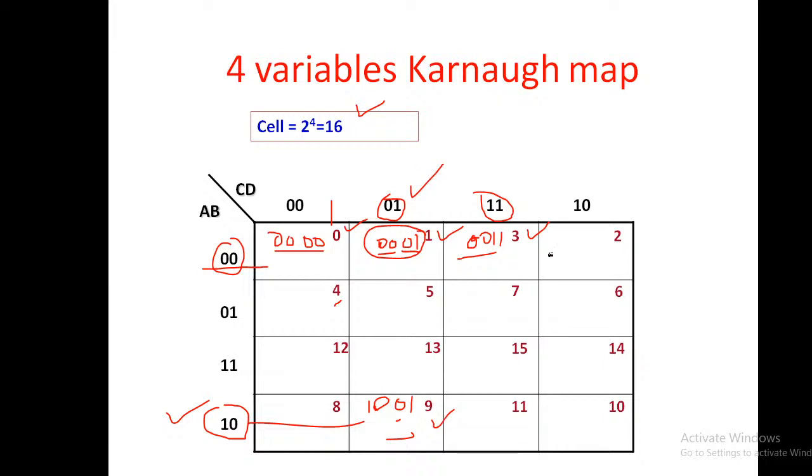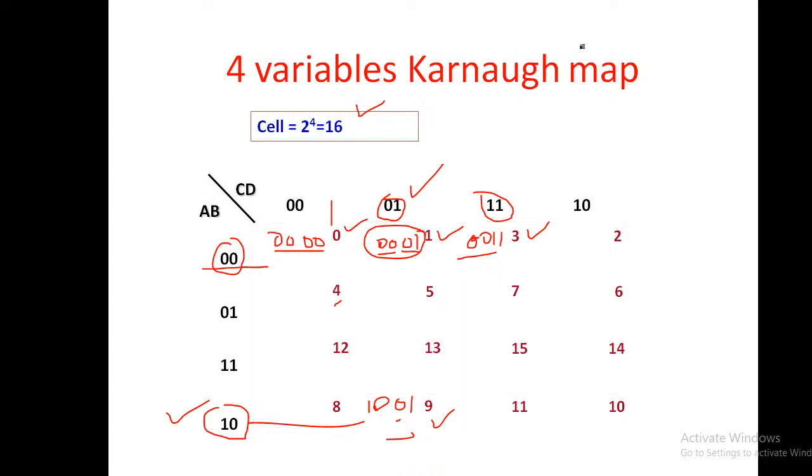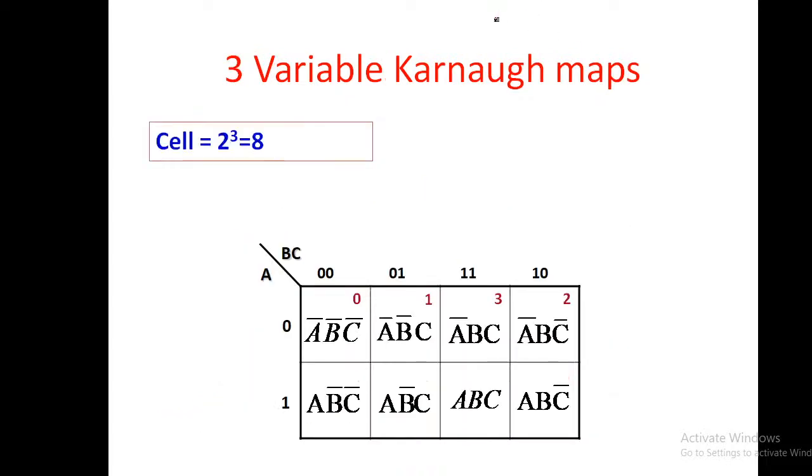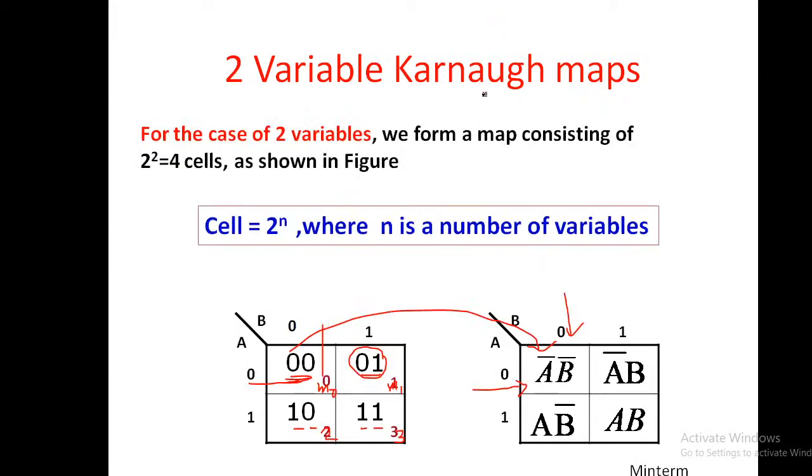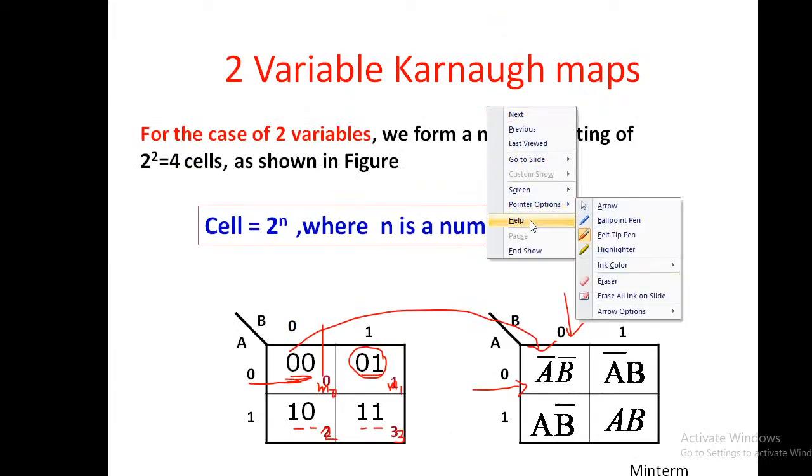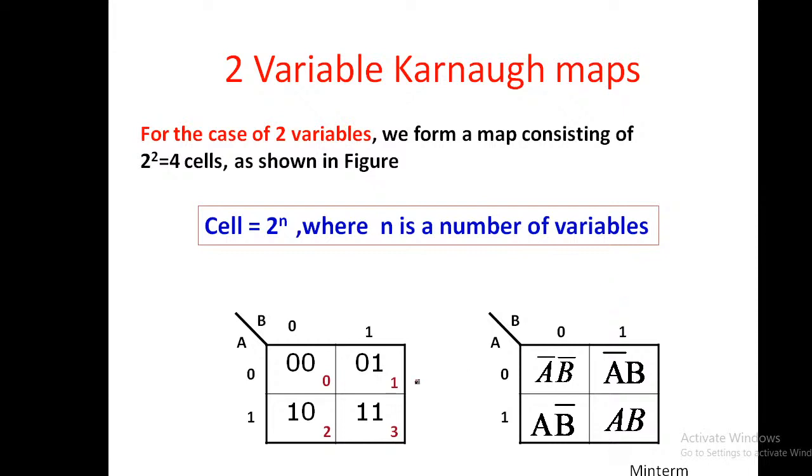So you need to remember what I am just telling you. Please write the 3 things. I am just telling you once again. When you are writing a Kmap, you just remember the position 0, 1, 2, 3, write it down.